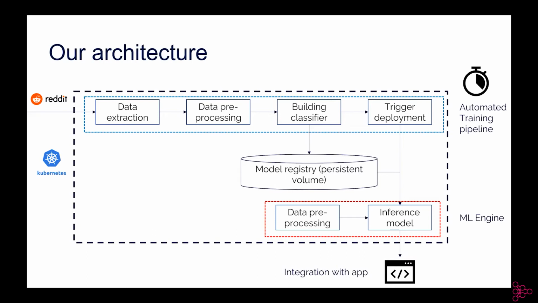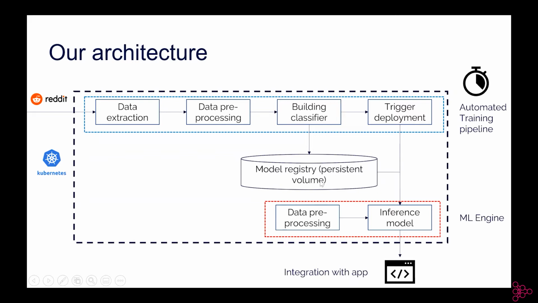Any questions so far? And by the way, the pipeline here is triggered on schedule, so it can run every week, month, day, hour or so. And every time, if we redo the flow, we extract data, pre-process, automatically build the classifier, then send it to the model registry, then we trigger deployment. After the deployment is triggered, the model is fetched. Our model registry here is S3.